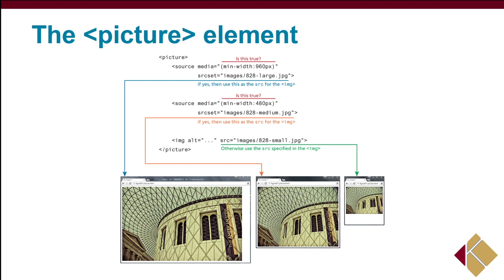Then this is the one that we're going to use. And then otherwise, use this one. So the image, alt, and then source. That bottom one is your default. And then it goes up. Okay? So instead of building bigger down, you're building smallest up. So your default should be your smallest, and then it should look for the next size up, and then it should look for the next size up.